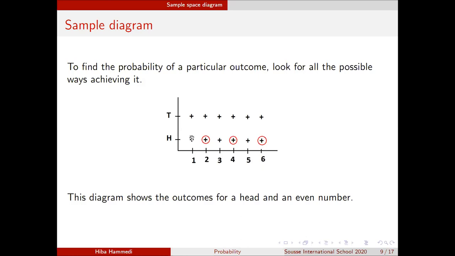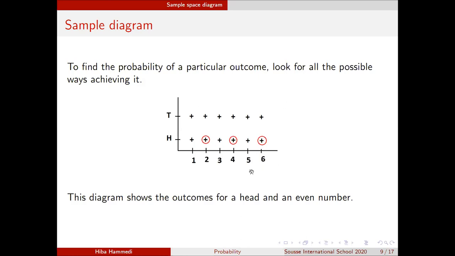So this outcome is having head with the number 1. 1 is not even, so I'm not considering that. But having head and 2, yeah, it verifies the criteria. Having head and 4, yeah, since 4 is an even number. Having head and 6 is a possible outcome.